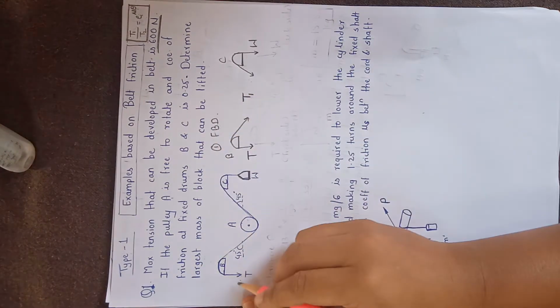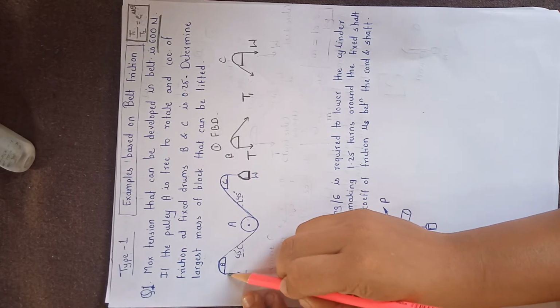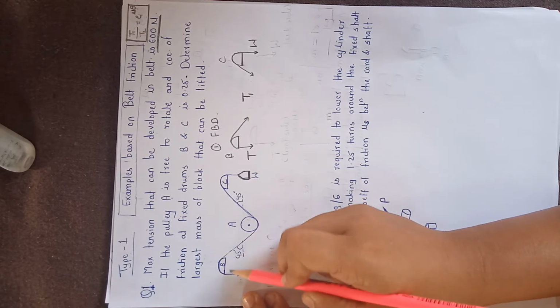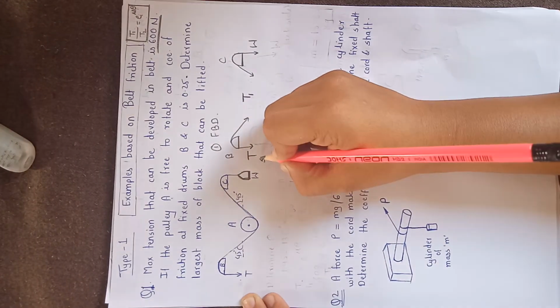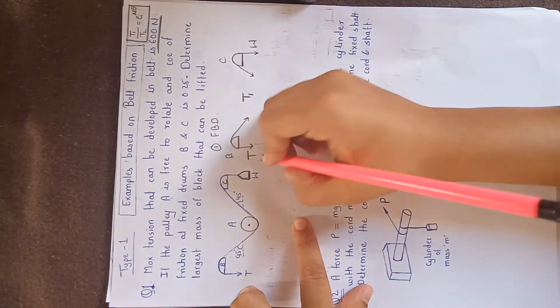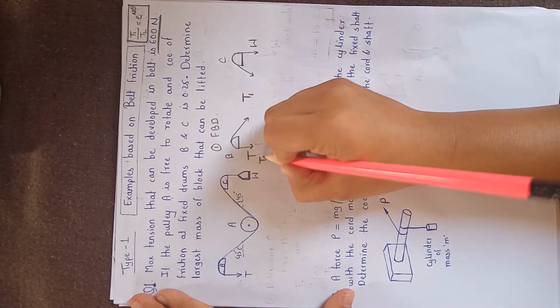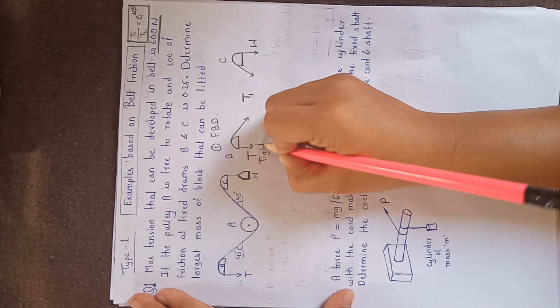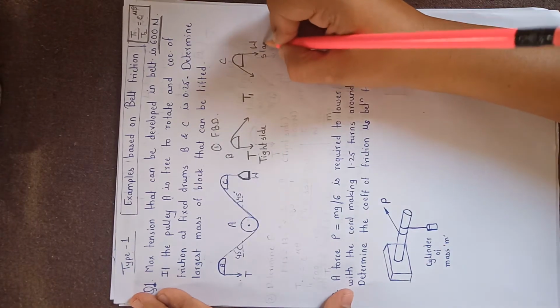If we are pulling this belt from this side, obviously this will be the tight side and hence this will be the slack side. So this is tight side, this is tight side, and hence this is slack side.